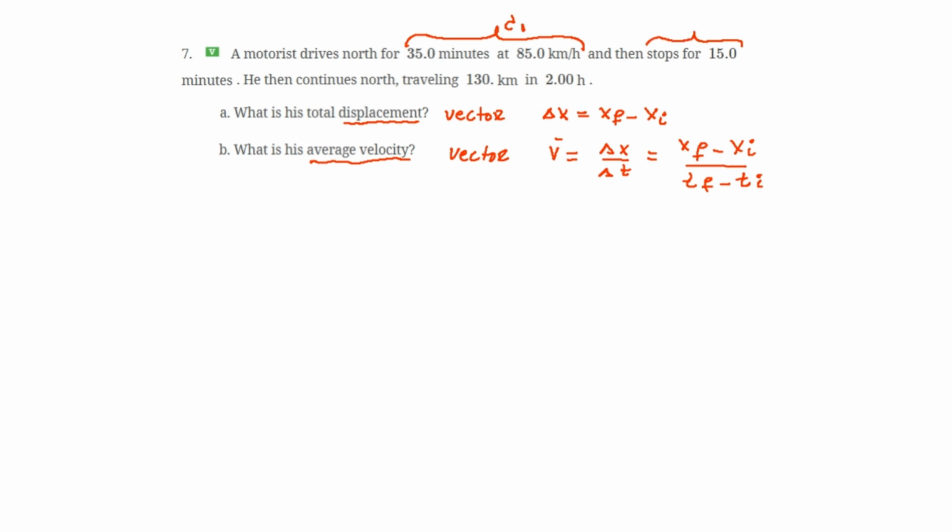In this case, there is a second distance that is 0 because he stopped for these 15 minutes, right? As he stopped for 15 minutes, during that time, his displacement was 0. And then later, he's traveling 130 kilometers in 2 hours. But here the distance that he traveled is given, right? So what we don't know here is the velocity, but we know the distance that he traveled. So this number is d sub 3.